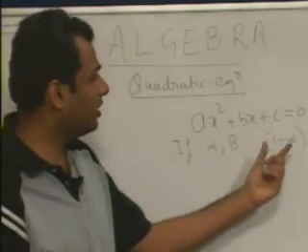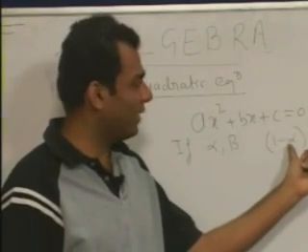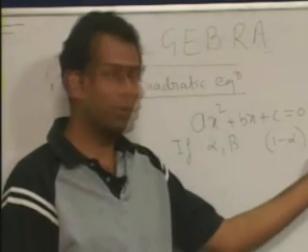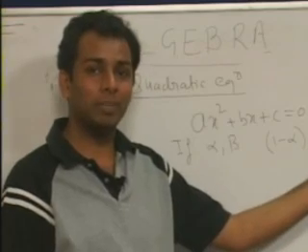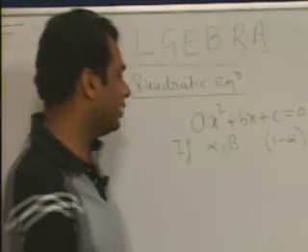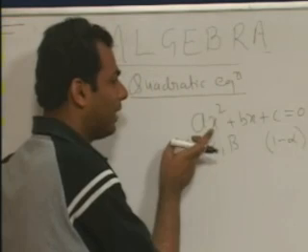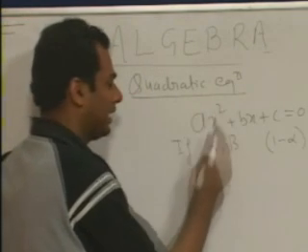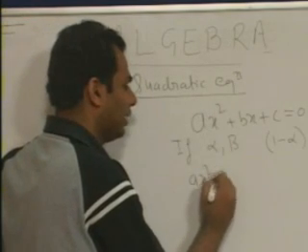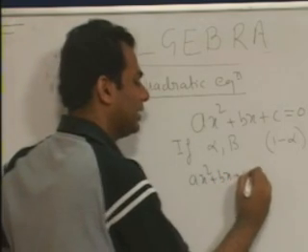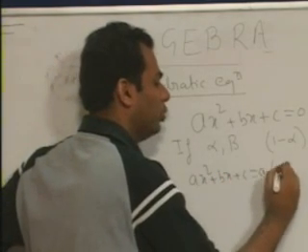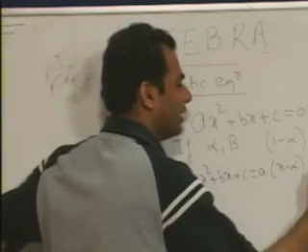Now, the important thing is that instead of solving this equation or multiplying it out and finding alpha plus beta and alpha minus beta, we have discussed that if alpha and beta are the roots of this equation, we can write ax square plus bx plus c is equal to a into x minus alpha into x minus beta.